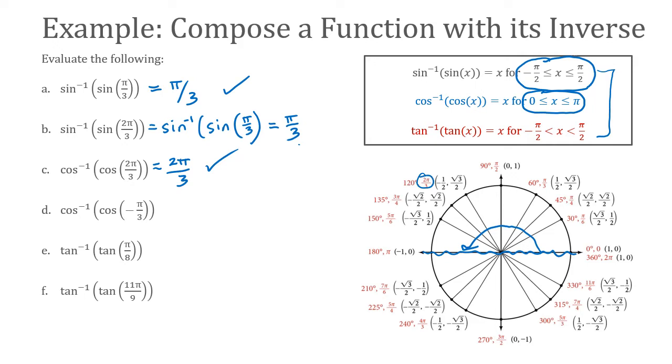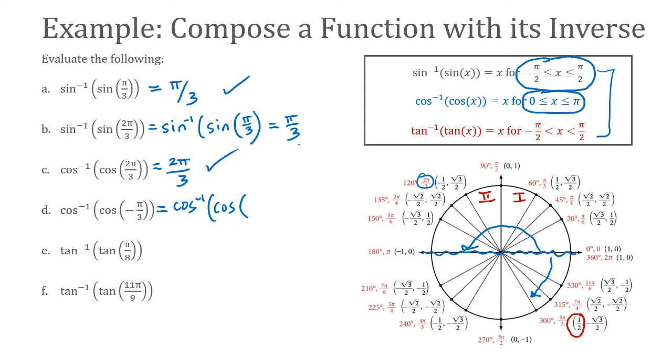Now, for part D, it says inverse cosine of the cosine of negative pi over 3. Negative pi over 3 is in the fourth quadrant, so that is outside the border. I need to rewrite that angle measure as an angle measure that has the same cosine. What is the cosine of negative pi over 3? The cosine of negative pi over 3 is 1/2, but I need an angle that is within our border, in either quadrant 1 or quadrant 2.